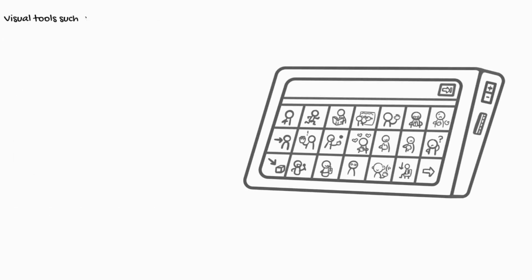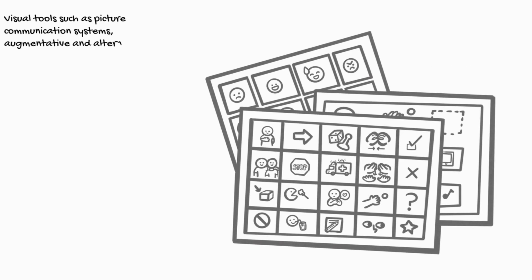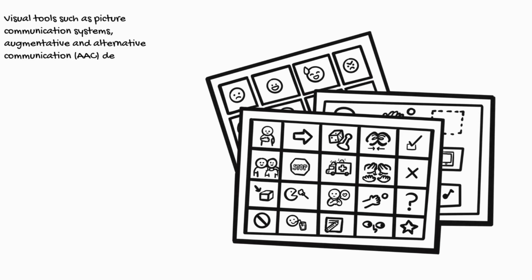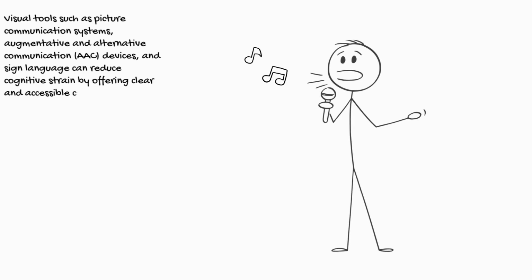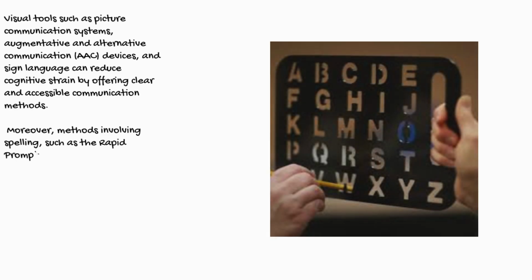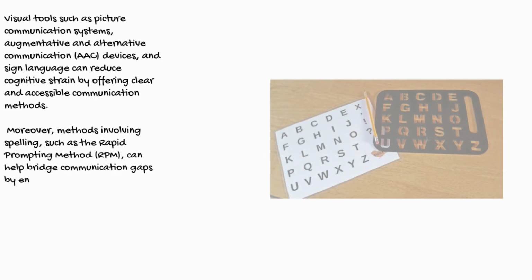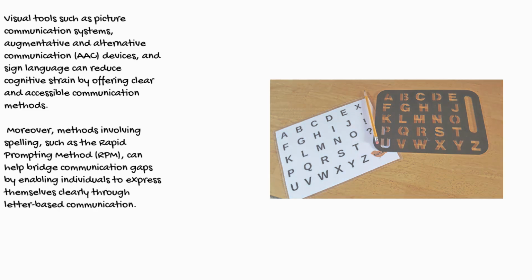Visual tools such as picture communication systems, augmentative and alternative communication, AAC, devices, and sign language can reduce cognitive strain by offering clear and accessible communication methods. Moreover, methods involving spelling, such as the Rapid Prompting Method, RPM, can help bridge communication gaps by enabling individuals to express themselves clearly through letter-based communication.